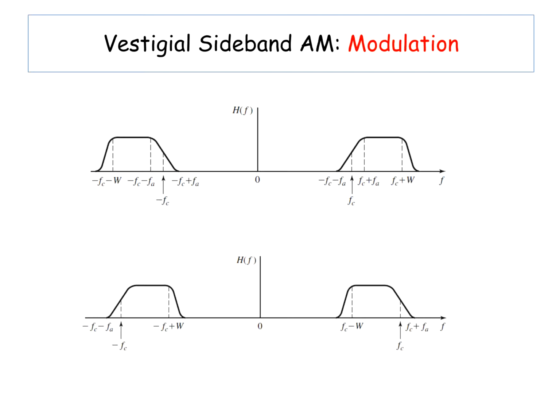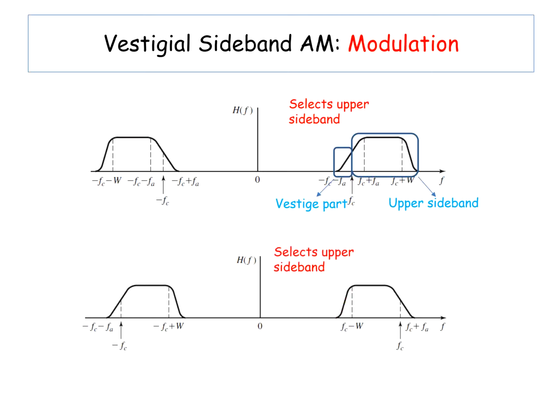The top filter is able to select upper sideband. Its vestige part is here, and the remaining part is used to select the upper sideband. The below filter is able to select lower sideband with its vestige and lower sideband parts.